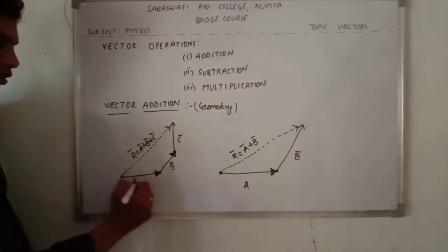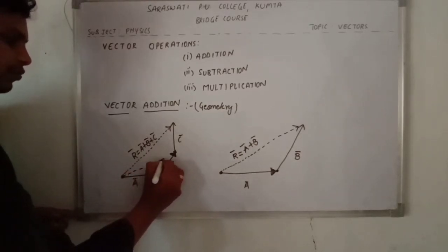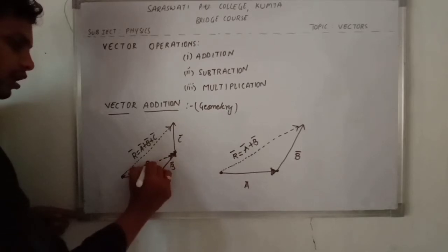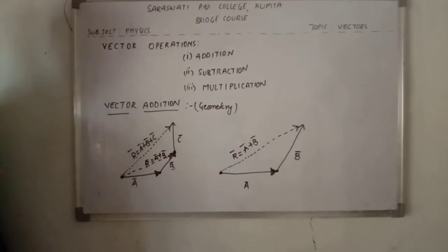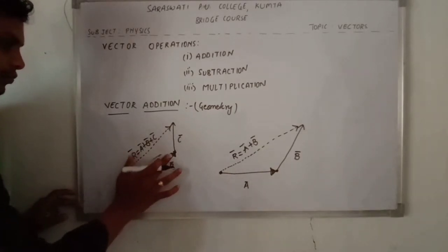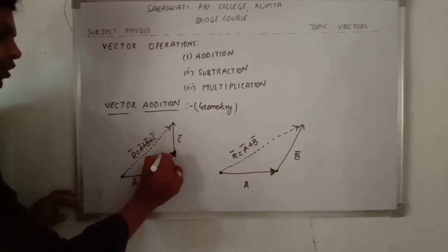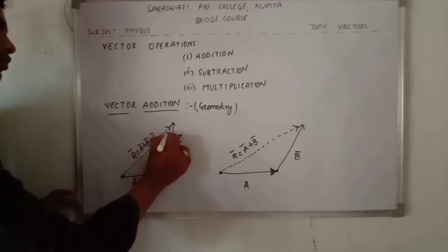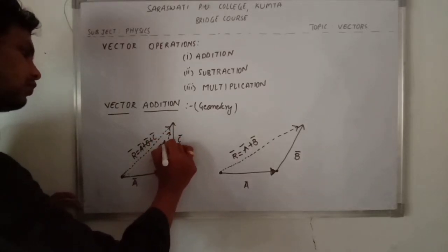For example, if I take these two vectors, then R bar is equal to A bar plus B bar. And if I take these two vectors, this is B bar and this is C bar, then R bar is equal to B bar plus C bar.